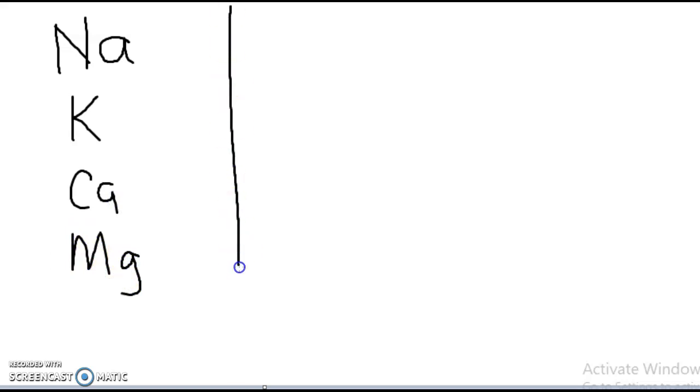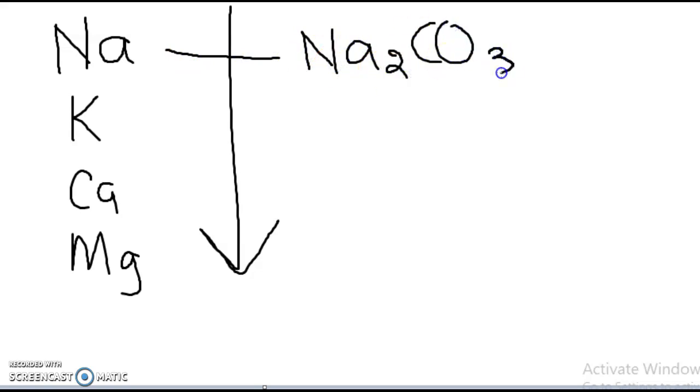According to the reactivity series, the reactivity decreases as you go down the series. Now, if a metal carbonate is formed with a more reactive metal, that metal carbonate will be highly stable and it will not be able to decompose easily.